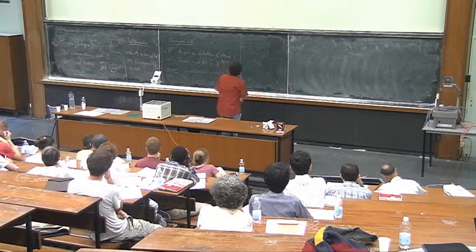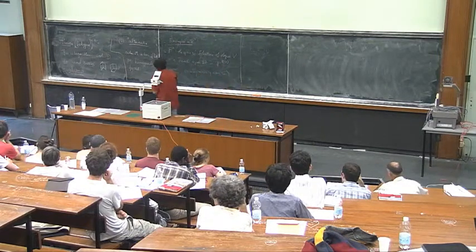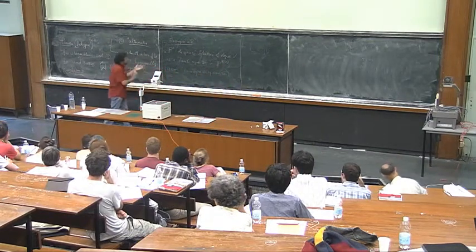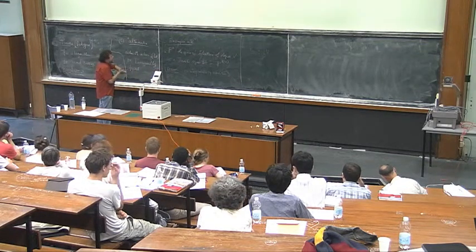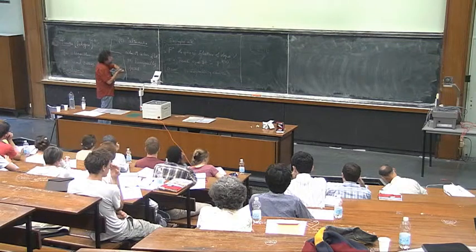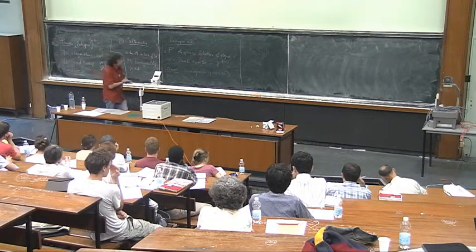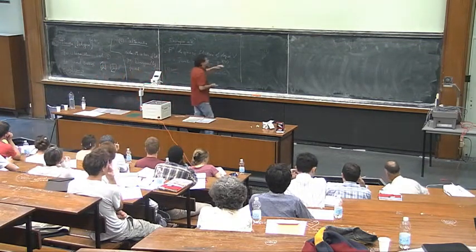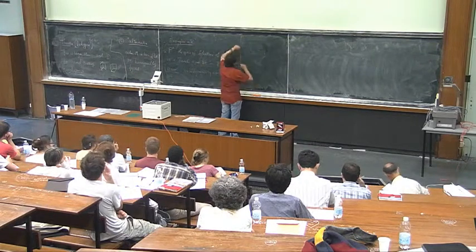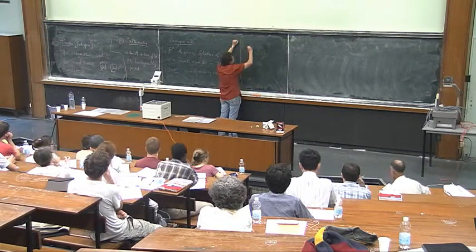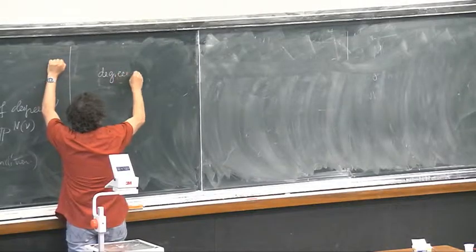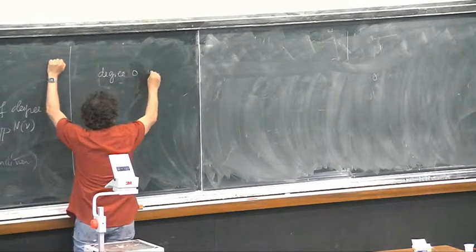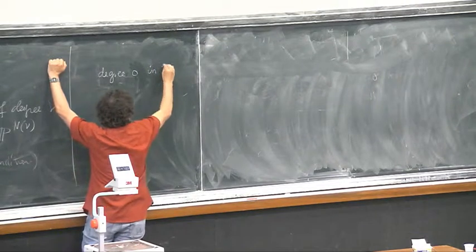And one of the challenges for algebraic geometers who work on foliations is to list the possible components. So, the first example, degree 0 in P3.